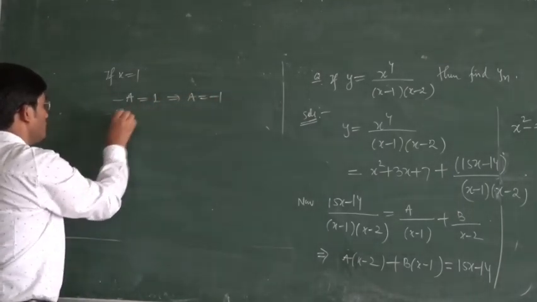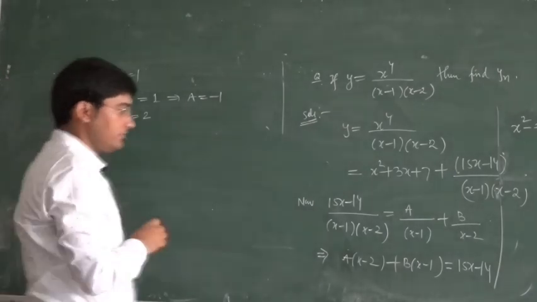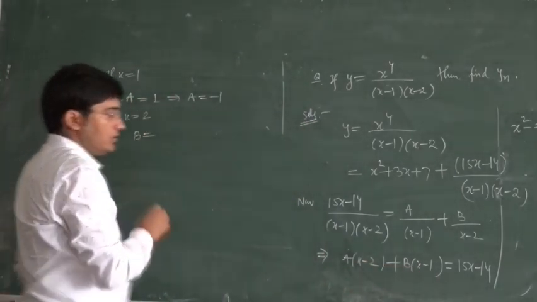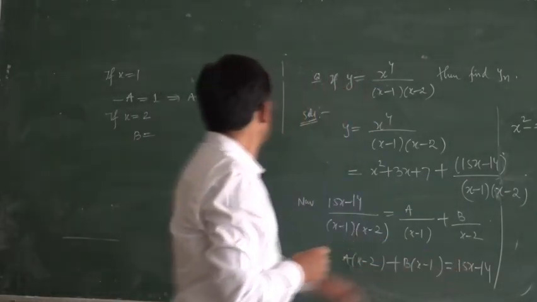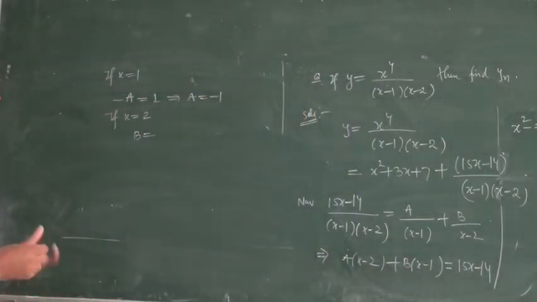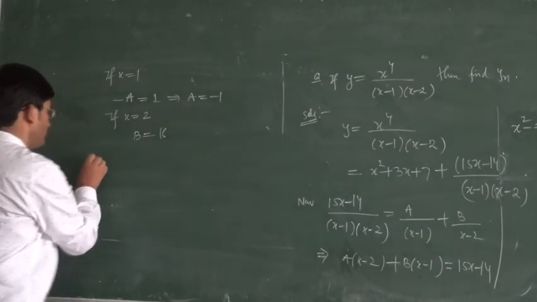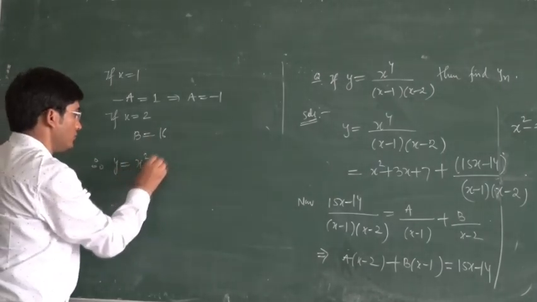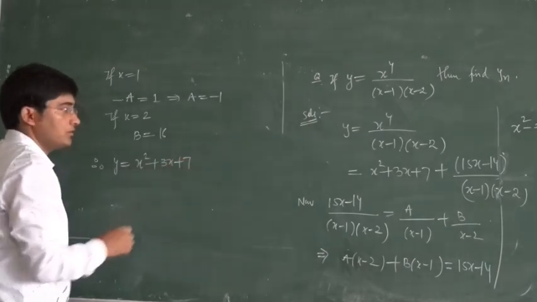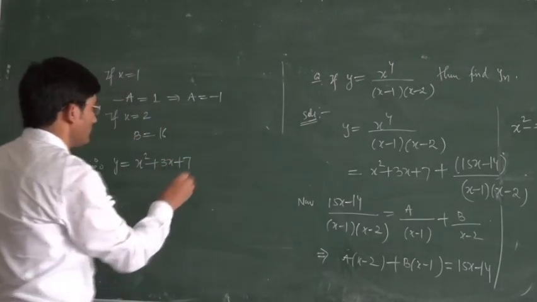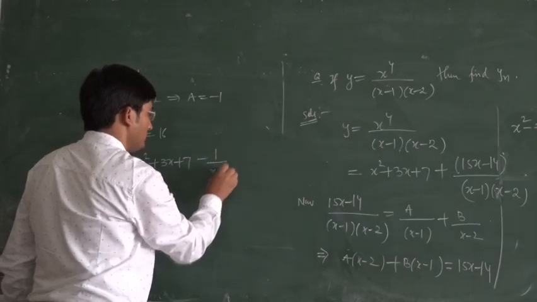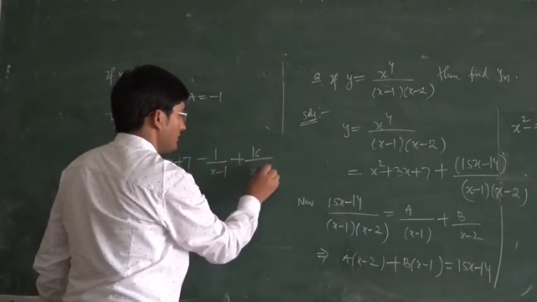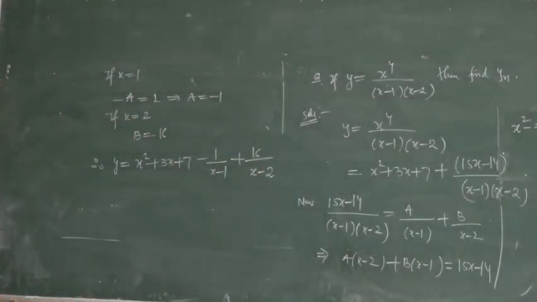If x is 2, then we will have 2 minus 1, this is 0, b equal to 30 minus 14, that is 16. Therefore y is equal to x square plus 3x plus 7, with a being minus 1 upon x minus 1 plus b being 16 upon x minus 2. So this is our y.